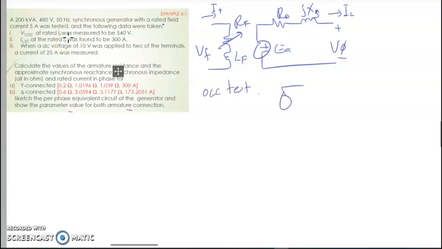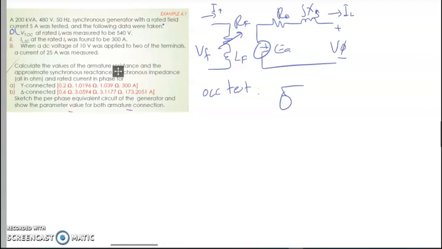Then the next step is that we shall transfer all the statements here into the circuit. We have one statement, two statements, and three statements here.